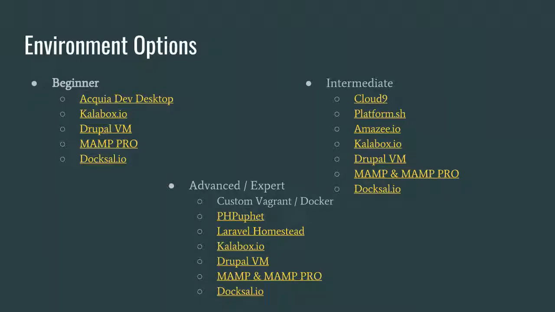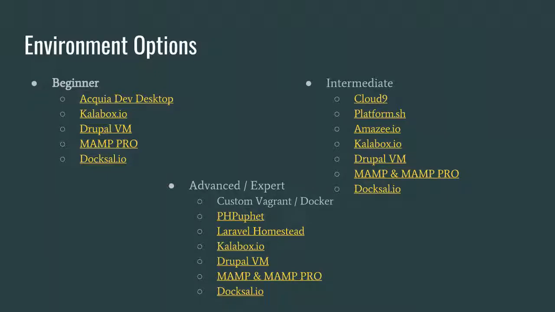If you're going to develop locally and you're not going to use Kalabox or something like that, pay the money and get MAMP Pro. All of the really cool features that used to be part of MAMP are now in MAMP Pro. And so if you want to use those features in MAMP, you have to manually configure it. And it took forever, and there might have been some violent words on my part until I finally got MAMP Pro. So for a beginner, MAMP itself is not really beginner.